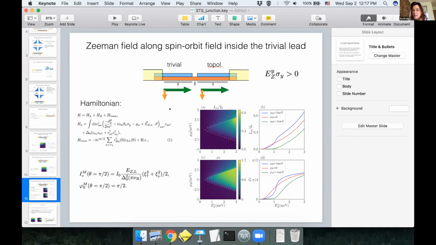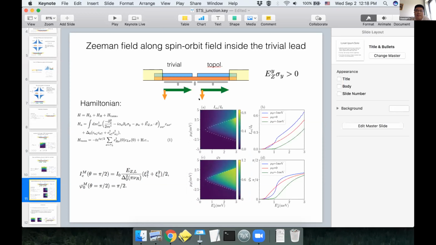Okay. So there is a question from Karsten Flensberg: how would a spin-orbit interaction in S change the result? How does the spin-orbit interaction in the superconductor change the result? I think as long as the Zeeman field is perpendicular to the spin-orbit field, it makes no difference.